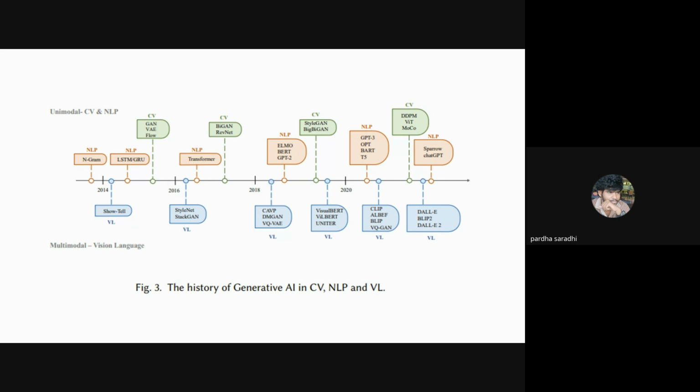This history starts with the traditional methods. Far back, about 20 years ago, we had hidden Markov models, HMMs as we usually call them, for speech, and even N-gram models for languages were very popular.